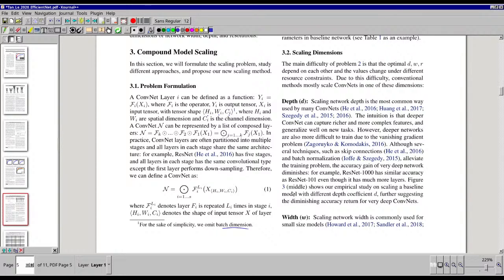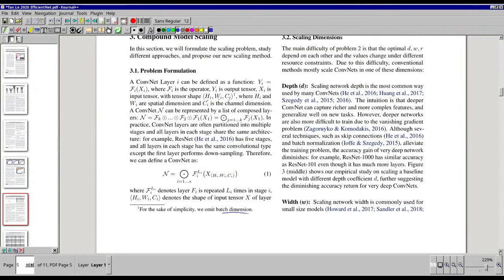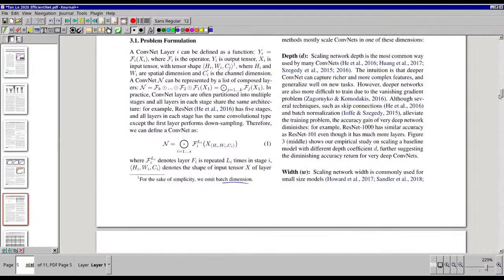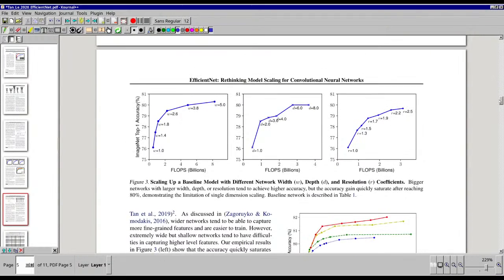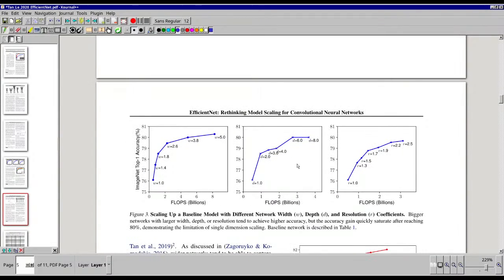Figure 3 middle shows our empirical study of scaling a baseline model with different depth coefficients, further suggesting the diminishing accuracy return for very deep ConvNets.